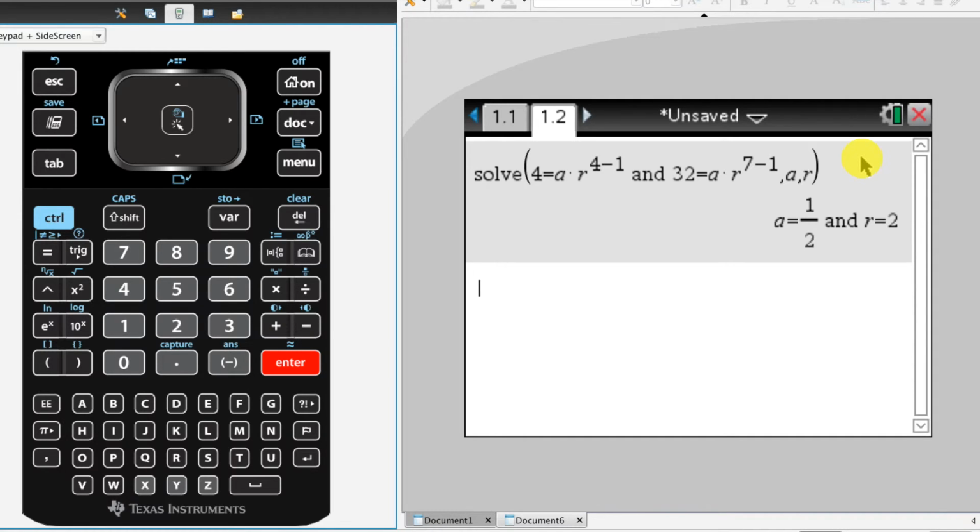And of course, a half as a decimal is just 0.5. You can see I can just hit Control Enter to convert any of those fractions into decimal answers.